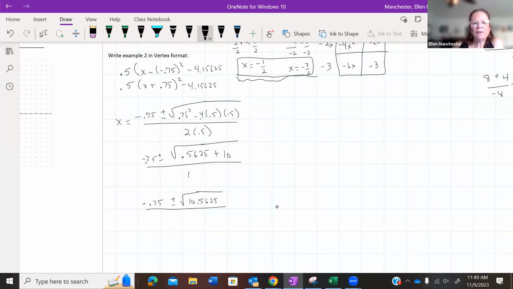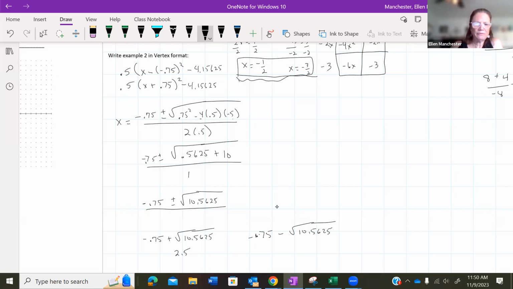So now I have 2 answers. I have negative 0.75 plus the square root of 10.5625, and I have negative 0.75 minus the square root of 10.5625. So now I'm just going to calculate it. Negative 0.75 plus the square root of 10.5625.